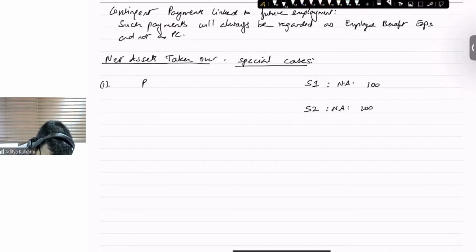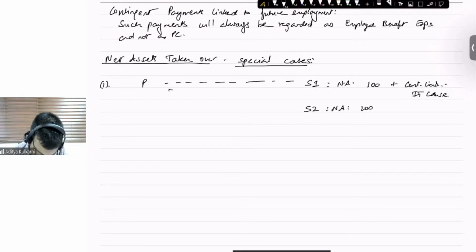But along with S1, there is a contingent liability. An income tax case is going on at present. P is looking at acquiring either of S1 or of S2.